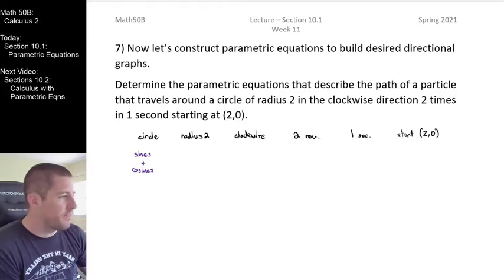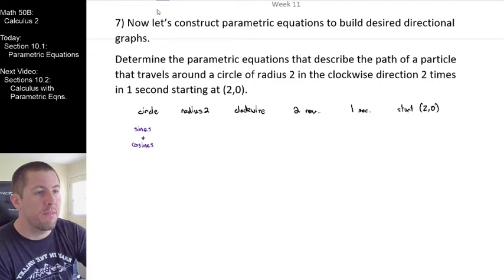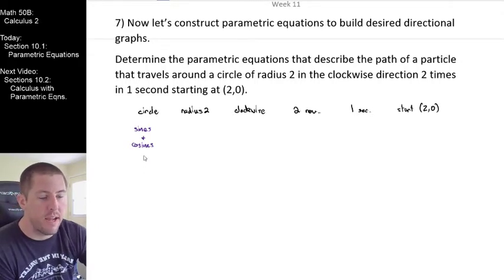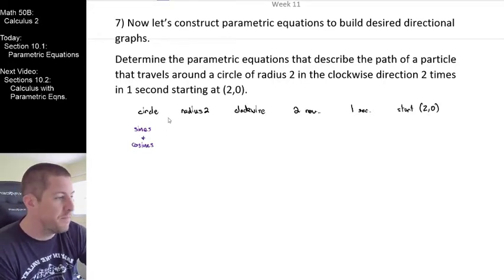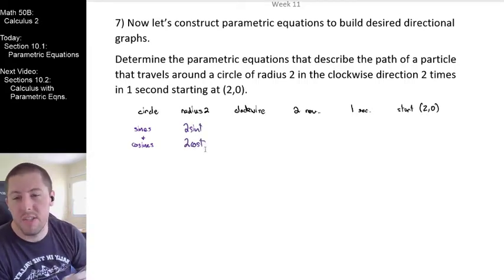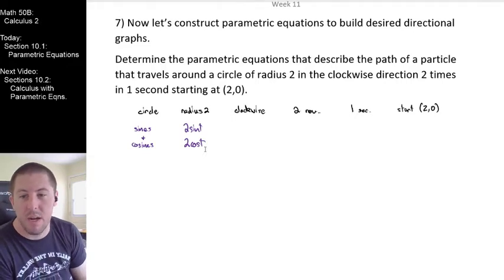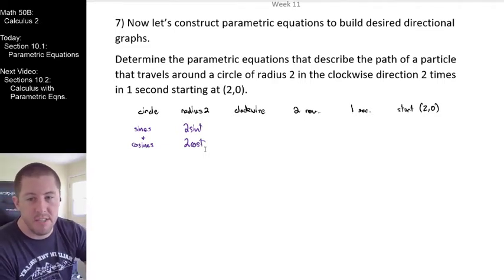Let's make our first guess. One thing I know is that I really want 2 sine t and 2 cos t. That's going to give me our radius term. We know that x equals r cos theta, y equals r sine theta. We've learned those things in trig class, so I'm just sticking my radius term where I think it goes.